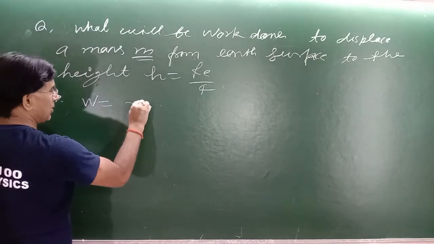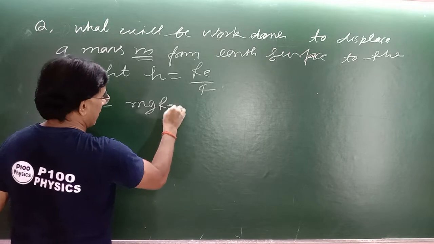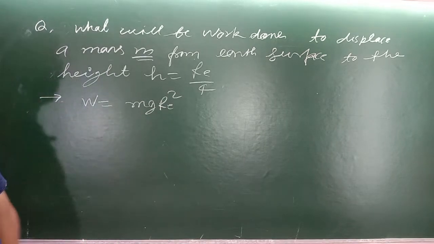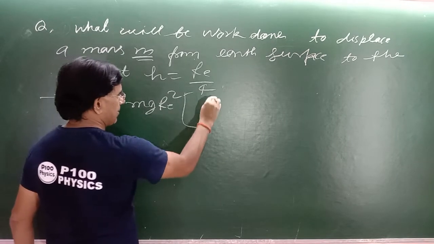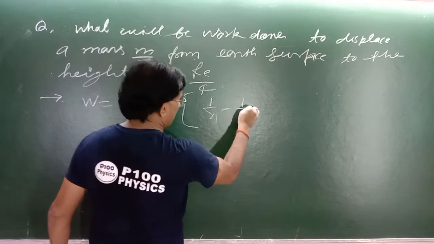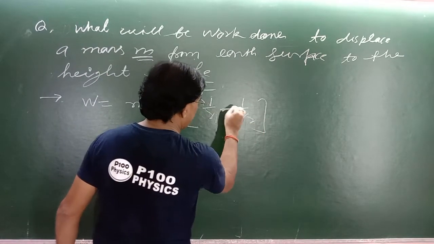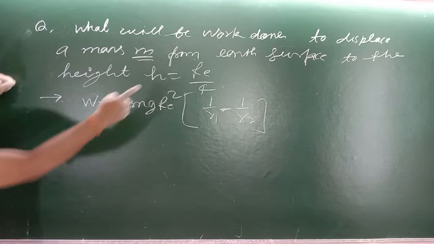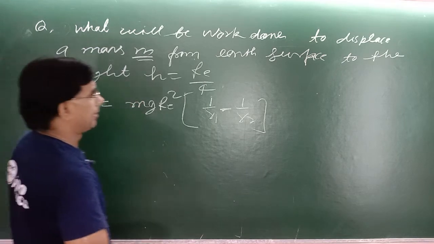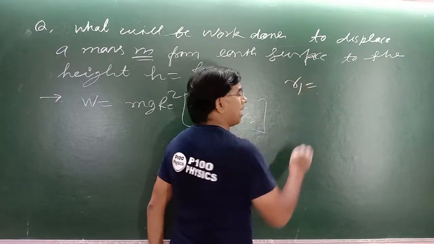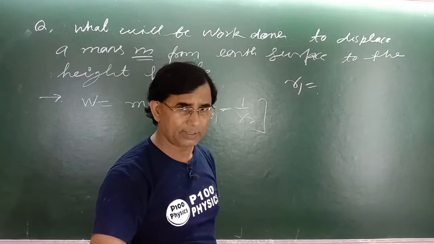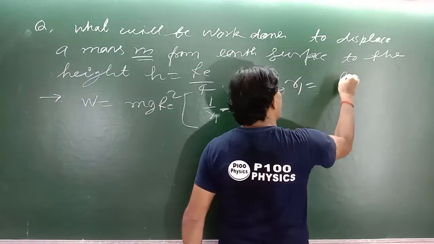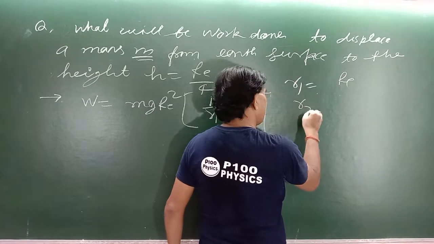W will be how much? mg Re square in the bracket 1 by R1 minus 1 by R2. Keep in mind this always. Now in this question, what is happening here? R1 equal to Re, that is body is on the surface, and R2 will be how much?